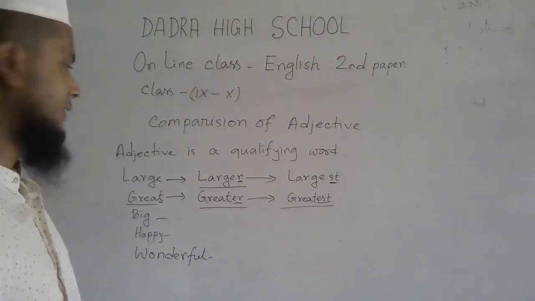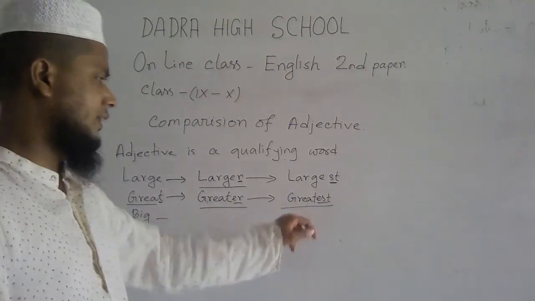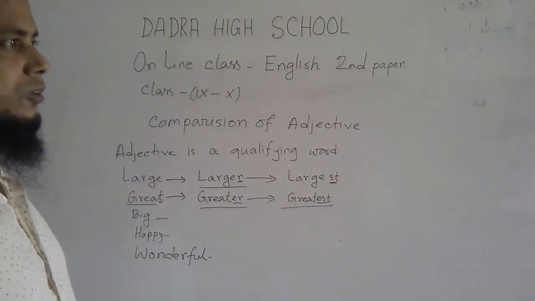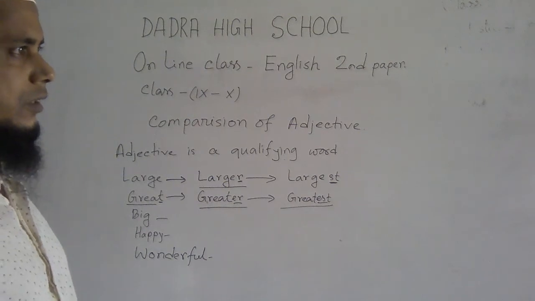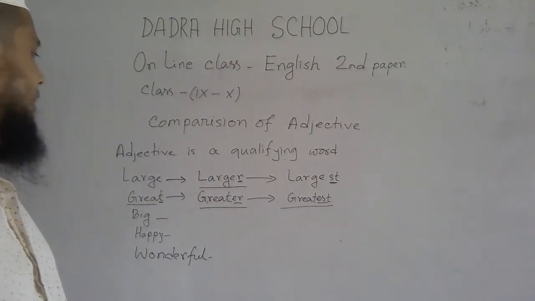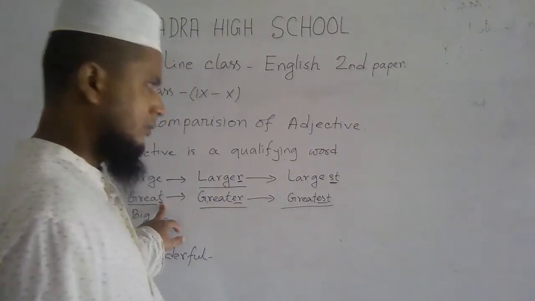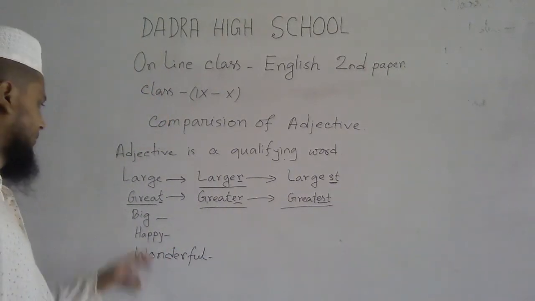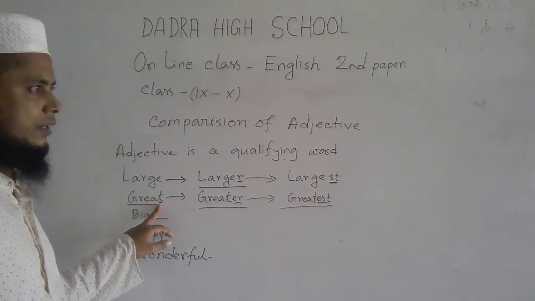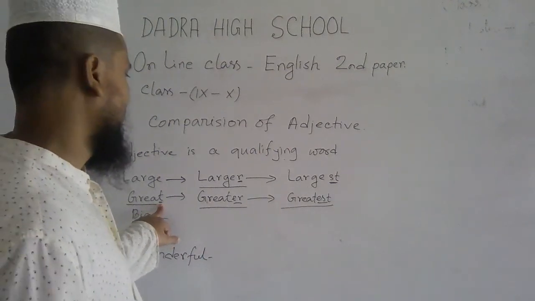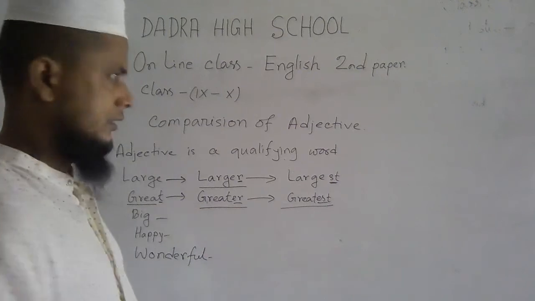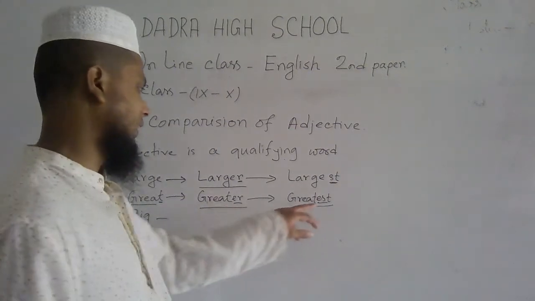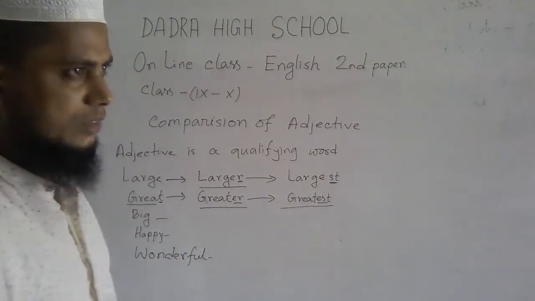So you can see great, greater, greatest, and thus you can make all those adjectives that come from monosyllabic words and end with a consonant. You can make them comparative by using ER, and using EST you can make them superlative.